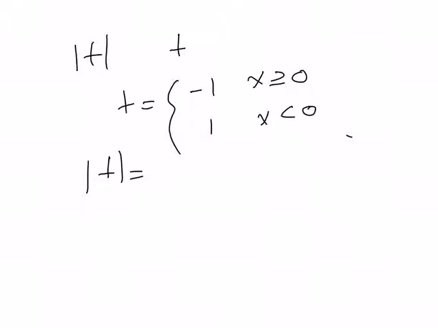You can take f to equal the function negative 1 for, I don't know, x greater or equal to 0, or 1 for x less than 0, and the absolute value of f is always, no, this is not going to work. Sorry. Okay, this is going to work.